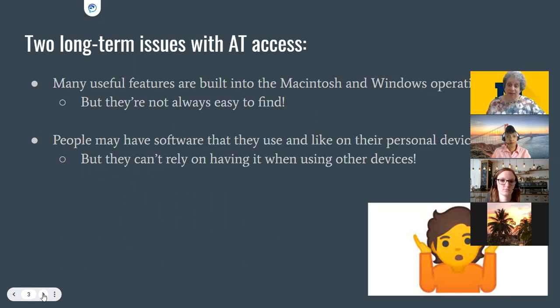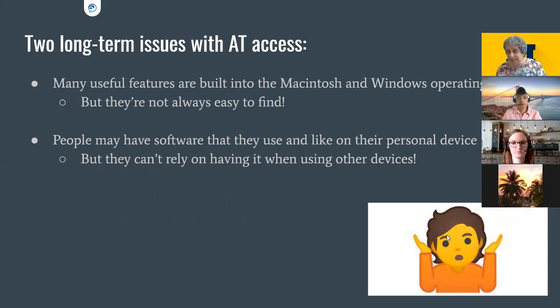So as wonderful as AT is, there are two long-term issues. One is it's not always obvious. There's a lot of useful features built into the Windows and the Macintosh operating system, but not everybody knows they're there. Not everybody knows how to find them.